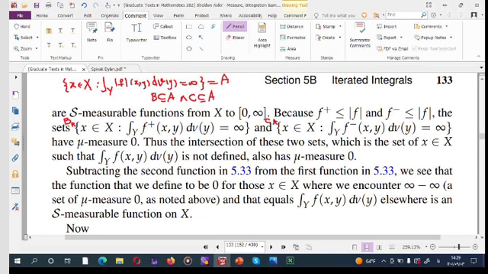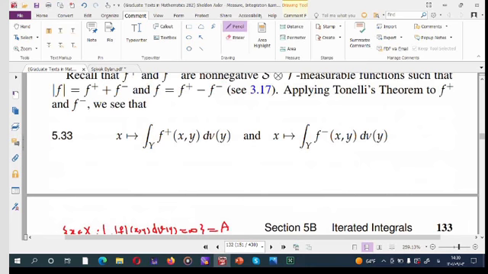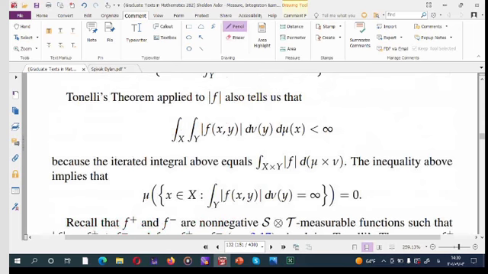Now, since mu of A equals 0, by these three assumptions we see that mu of B and mu of C equal 0.